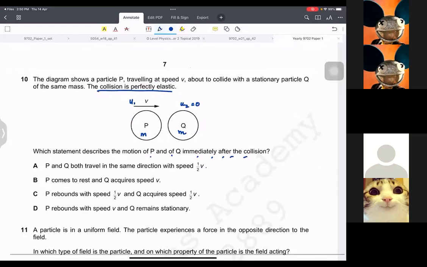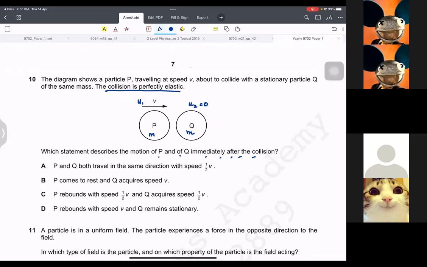Now, if this is perfectly elastic, the only way to check this is one way. I told you, U1 plus V1 equals U2 plus V2. If these two conditions stay the same, then it will be fine. So the first condition is U1 is V and U2 is 0, and then you check what happens.